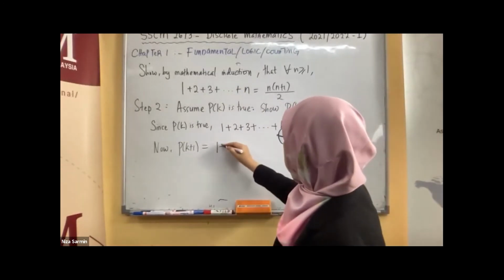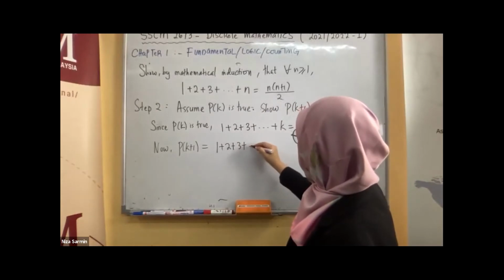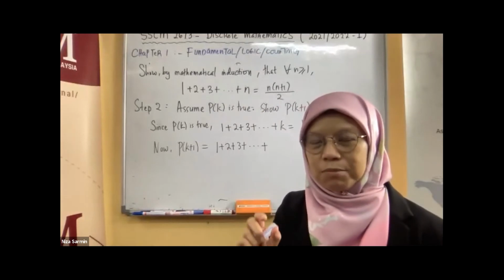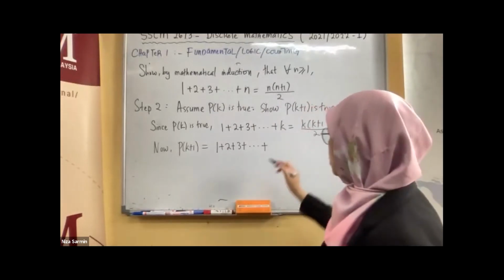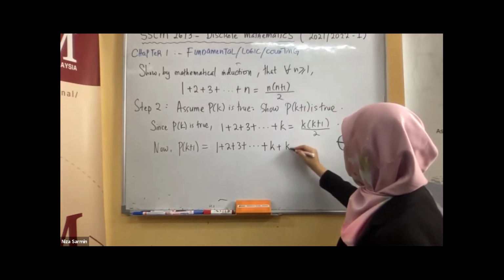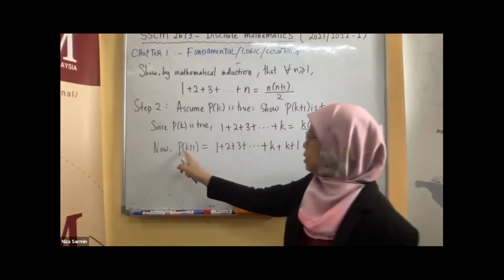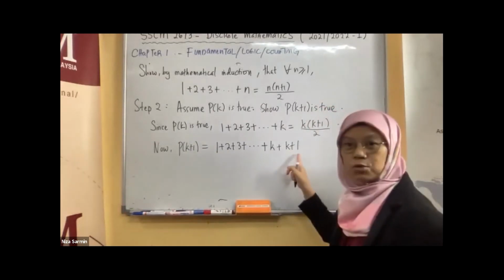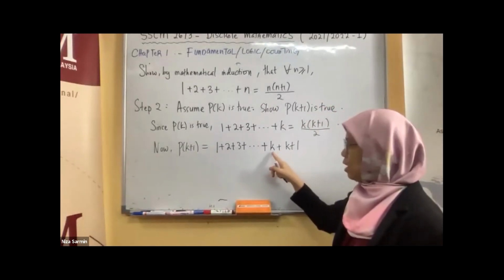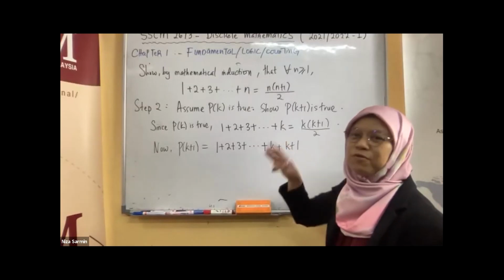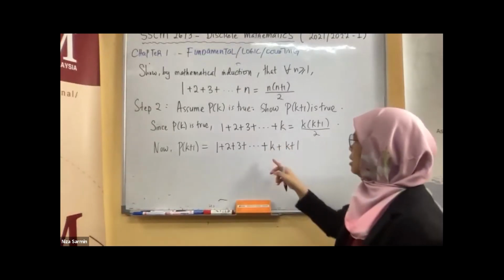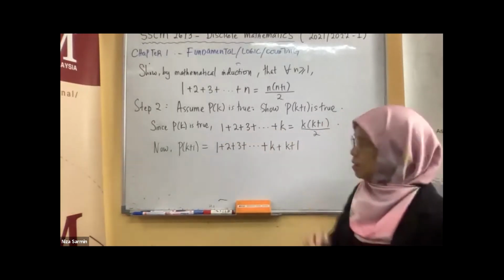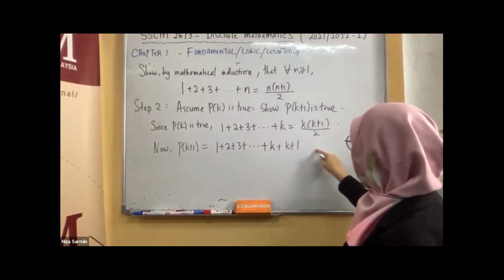So I will write 1 plus 2 plus 3 plus, but I want to use the assumption, and the assumption stops at k. So I will do it like this. This k plus 1 is from 1 until k plus 1, but I put this one before as k, and then add k plus 1, because I want to replace this with the assumption.